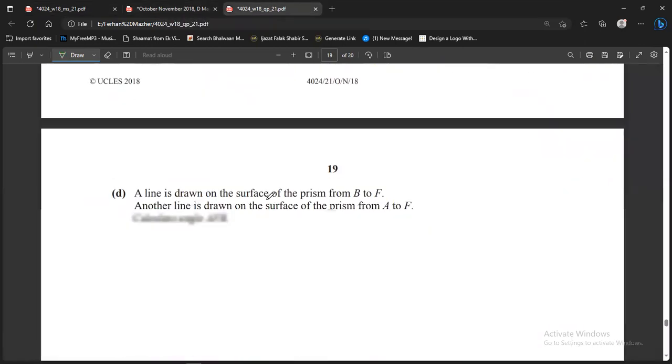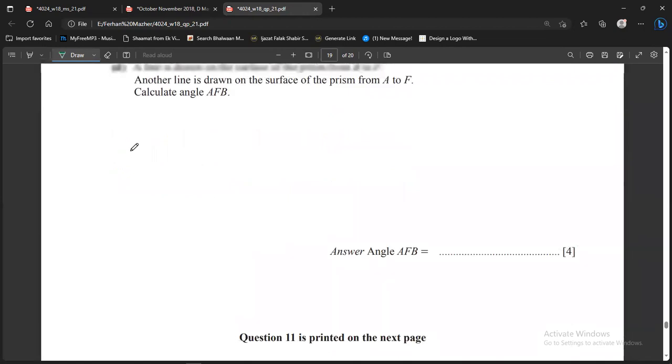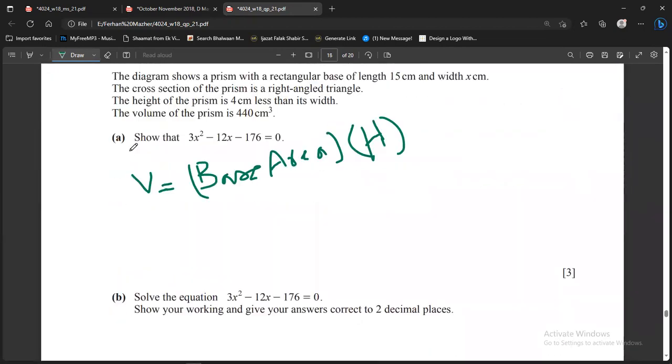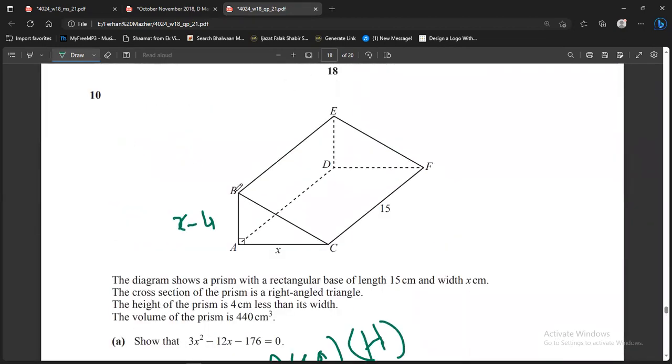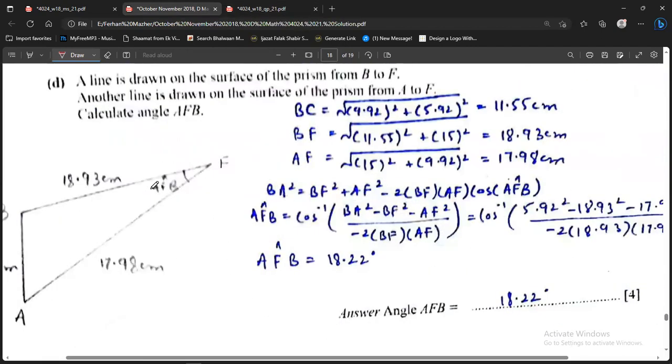Okay. Then it says a line is drawn on the surface of the prism from B to F, and another line is drawn on the surface of the prism from A to F. Calculate the angle AFB. So what they're talking about is from B to F and from A to F. And they want us to find this angle.